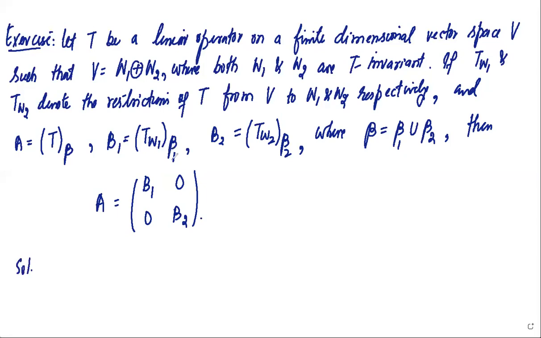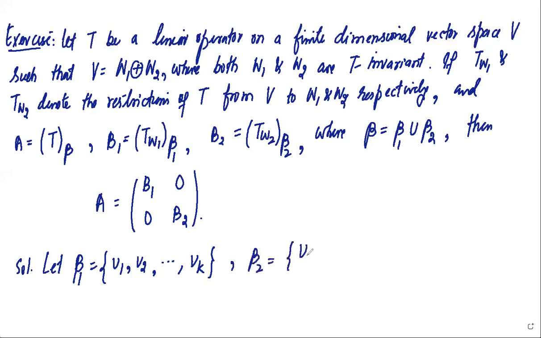Now we are given that beta 1 is a basis of W1 and beta 2 is a basis of W2. So let beta 1 be the basis of W1, which is equal to {v1, v2, so on, vk}. That is, we are assuming that the dimension of W1 is equal to k, and we are given that V is a finite dimensional vector space. Similarly, let beta 2 be equal to {v_{k+1}, v_{k+2}, so on up to vn}.